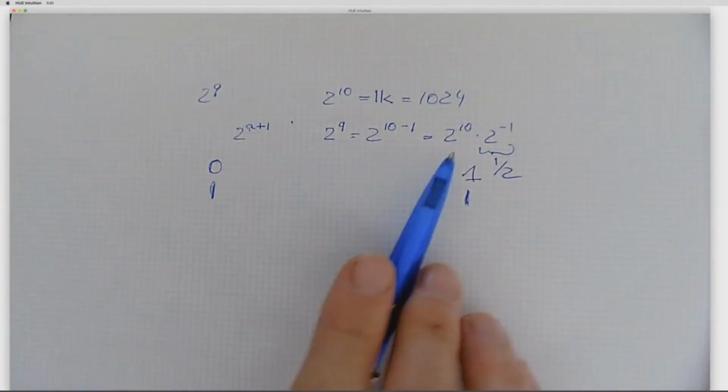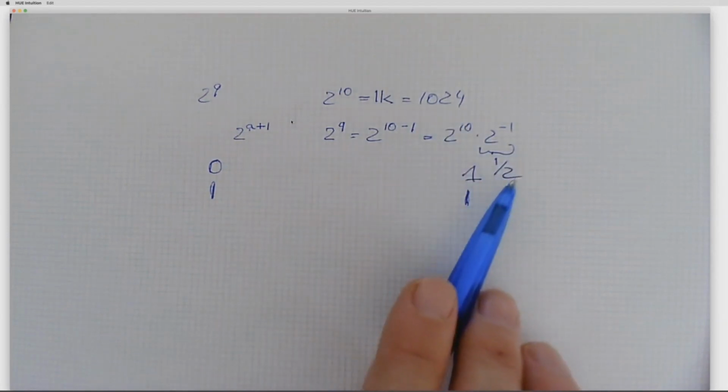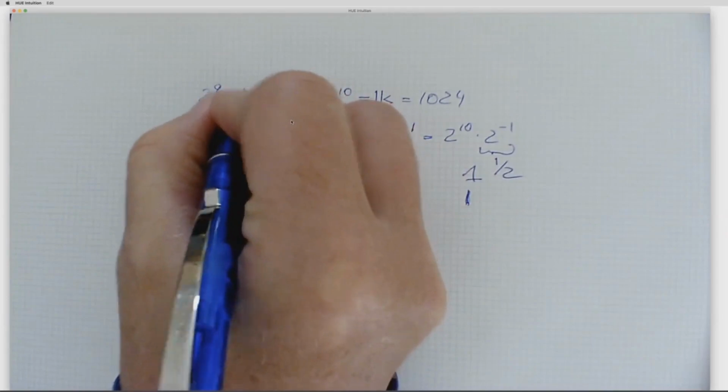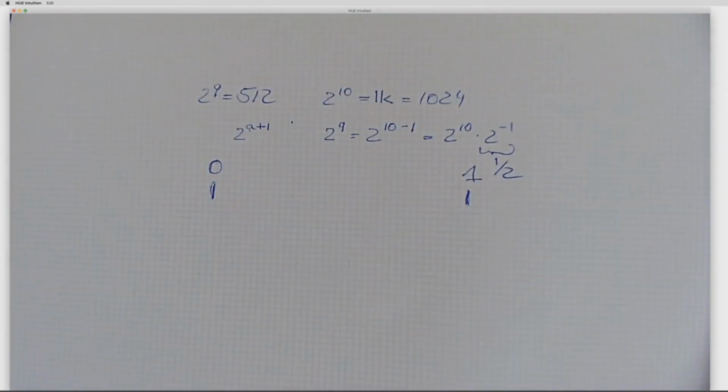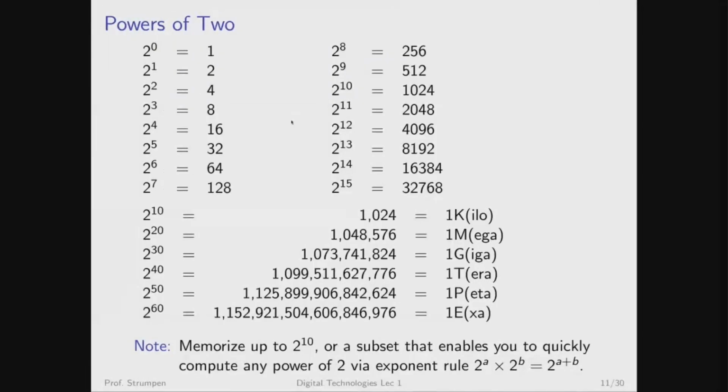So 2 to the 9 is 2 to the 10 divided by 2, and 1024 divided by 2 is 512, right? Once you get used to that calculation, you can very quickly compute any power of 2 that you didn't know before, right?